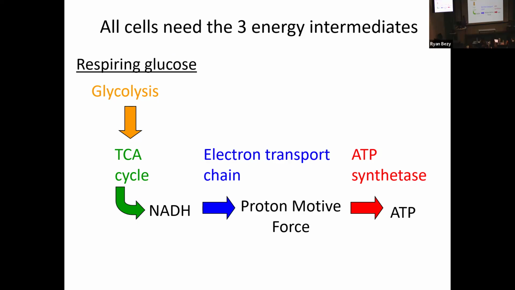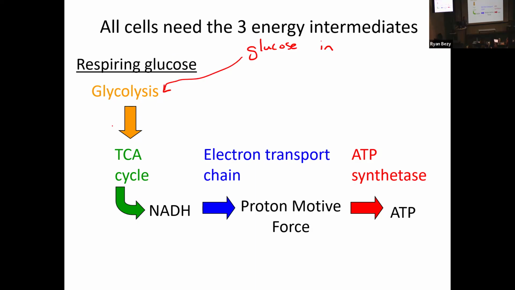Okay? And so if I say an organism, for instance, is respiring glucose, it's only two words. But what that means is glucose is going in. What pathway does glucose always go into? Does it go first right into respiration? No. It first goes into glycolysis. So glucose goes in, it goes into glycolysis.